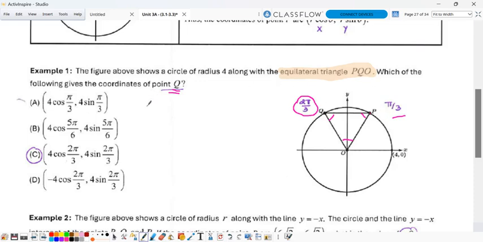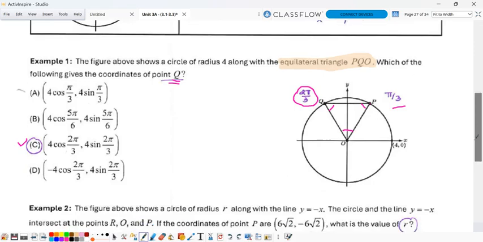If they said point P, then the answer is A. Here they are asking for point Q, which means 2 pi over 3, and the coordinates are r cosine theta, r sine theta. Remember, this AP Precalculus exam is about multiple choice questions with lots of words and very similar looking answers, and we have to get ready for how to deal with multiple choice questions.